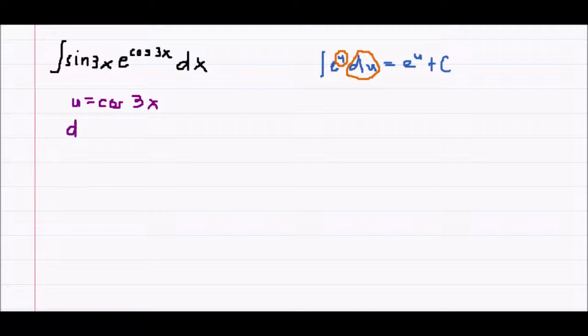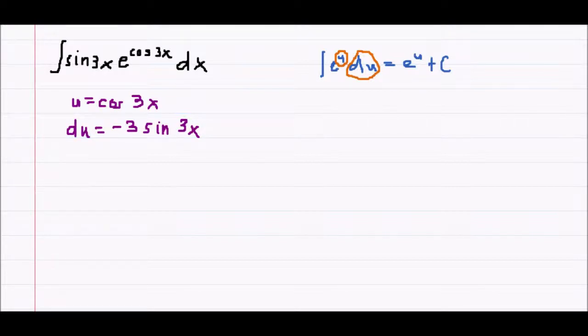Now we will get the derivative. That is our du. What is the derivative of cosine 3x? That is negative 3 sine 3x. So let's check. We have our u, cosine 3x, which is in e to the u.